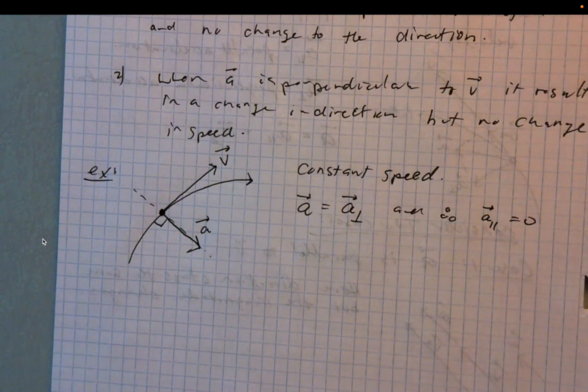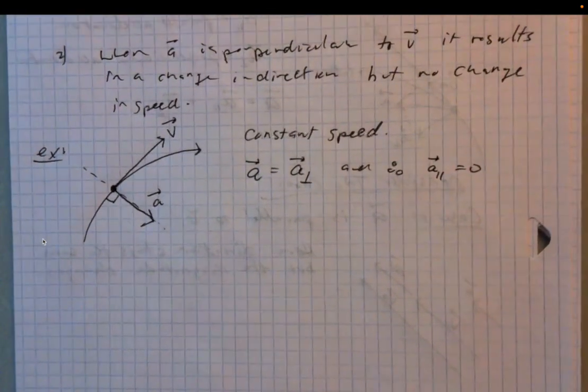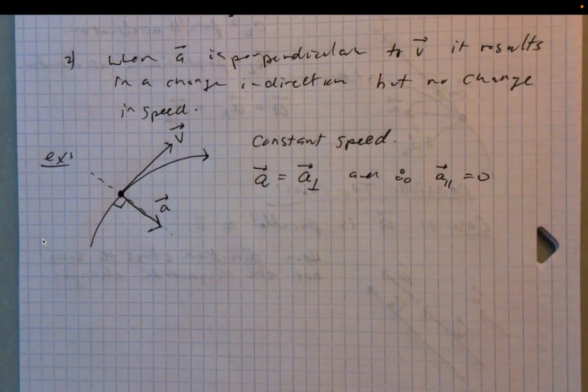There's no parallel component to the acceleration. All of the acceleration is committed to changing the direction of the velocity vector, not changing the magnitude, right? So here, what you end up with is constant speed. This is the example of us barreling down the freeway with the cruise control set, going around a gentle curve. We are technically undergoing acceleration, but our speed is constant.